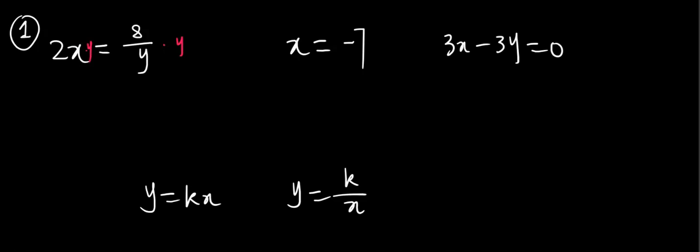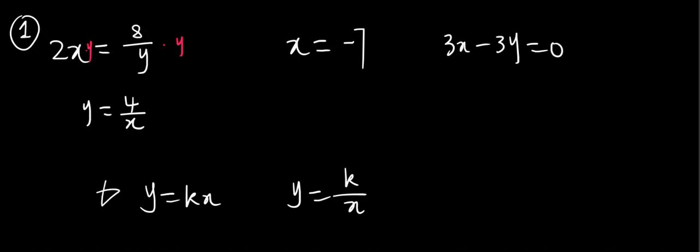After this step, we have 2xy equals 8. Remember, you want to isolate this y. Therefore, you divide by 2x, divide by 2x. This becomes 1, and we finally get 1y, and simplifying 8 divided by 2 is 4. Therefore, you have 4 over x.